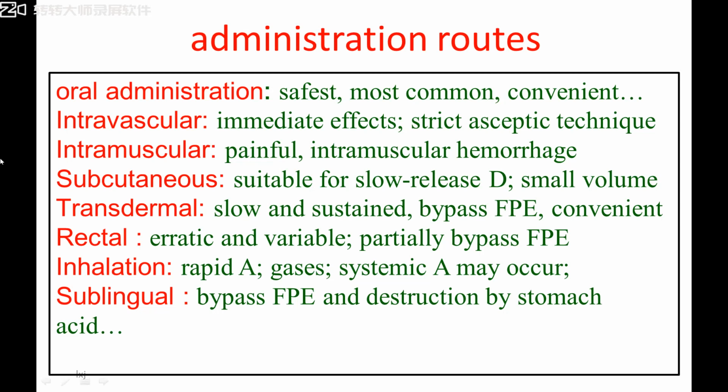Subcutaneous injection. Absorption also depends on drug diluents. And it is suitable for slow release drug. And the volume of the drug solutions is also limited. It is not suitable for the drug in large volume.